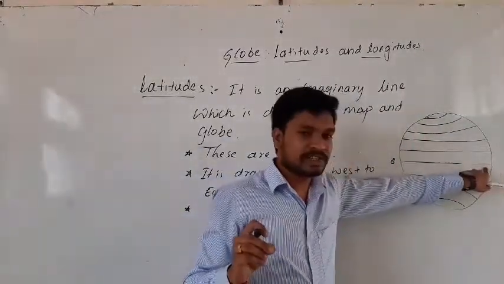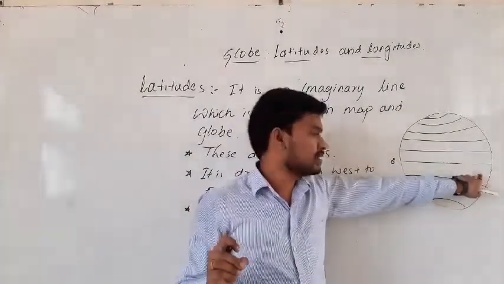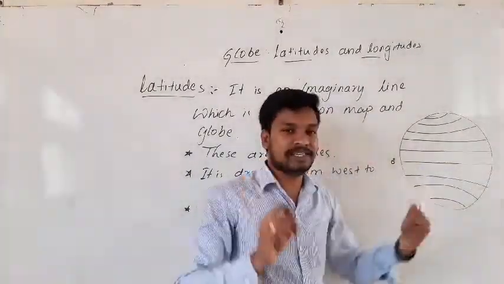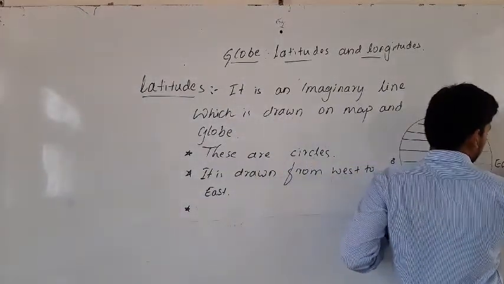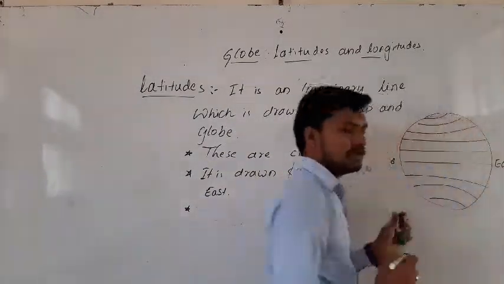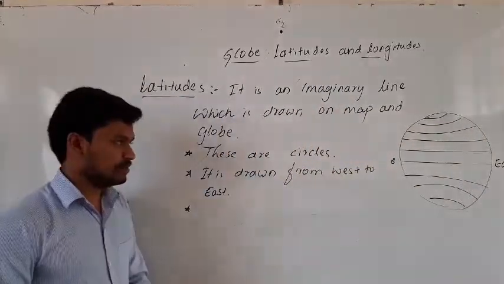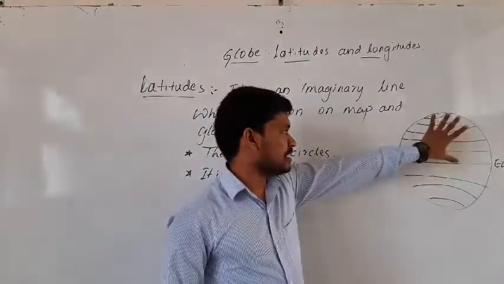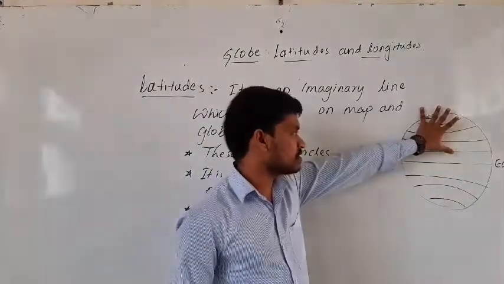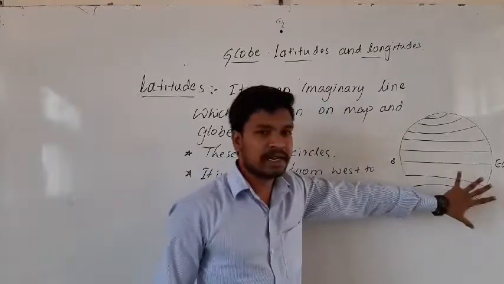So it's called the equator, the equal divider. This latitude is very important because it divides the Earth into two equal halves, the northern hemisphere and the southern hemisphere.